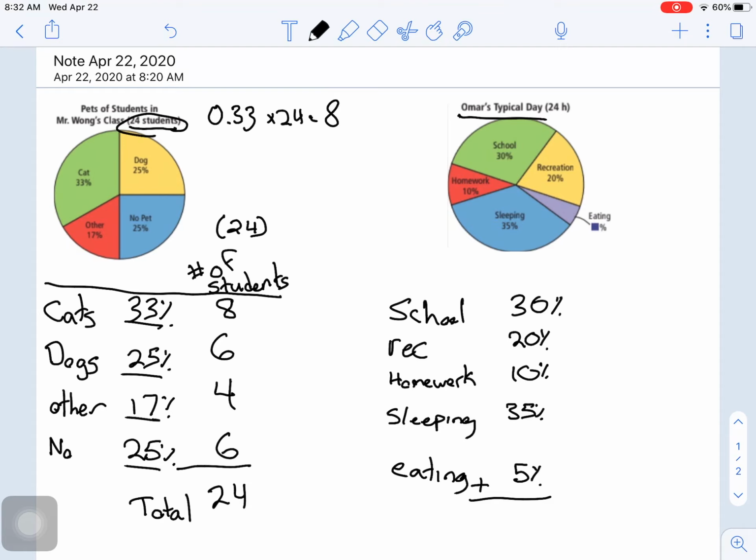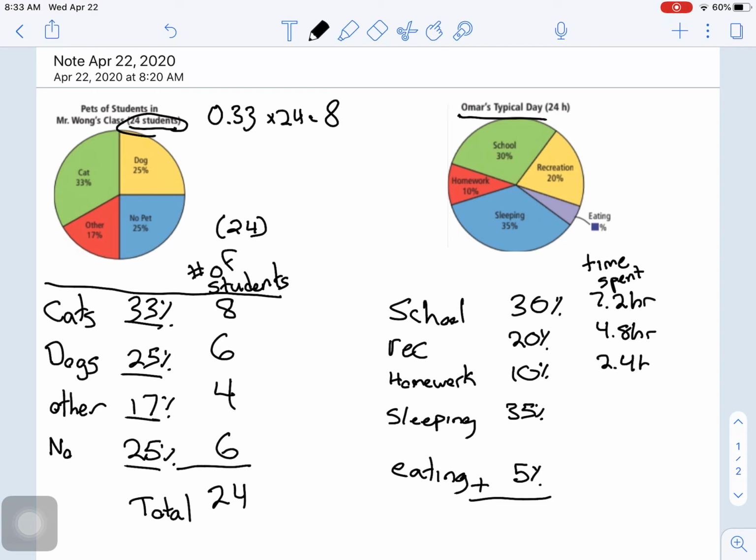Now we could find out how much time he spends in each activity by going, let's go, time spent. And you're going to be doing this week by creating your own circle graphs of your week. So 0.3 times 24, because there are 24 hours in a day, is 7.2 hours. 0.2 times 24 is 4.8 hours.